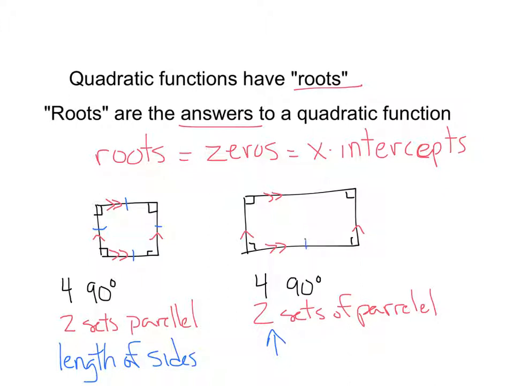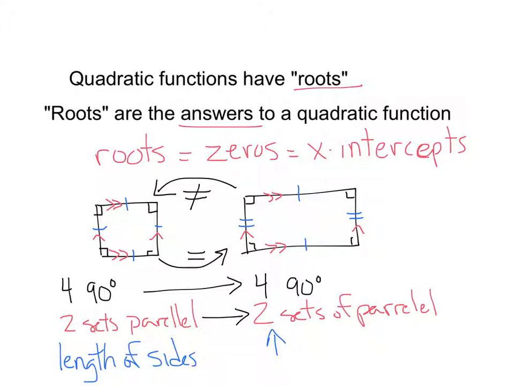So for example, these two sides are the same, and these two sides are the same. When you put all this together, you come up with a simple fact, that a square meets all the requirements to be a rectangle, but a rectangle doesn't meet all the requirements to be a square. That is, every square is a rectangle, but every rectangle is not necessarily a square.